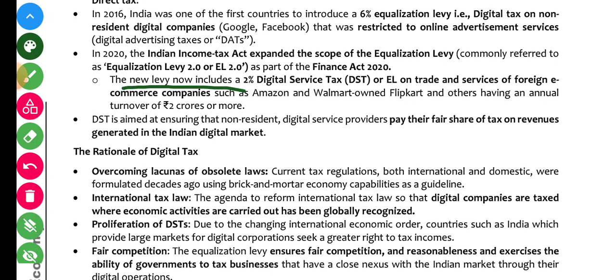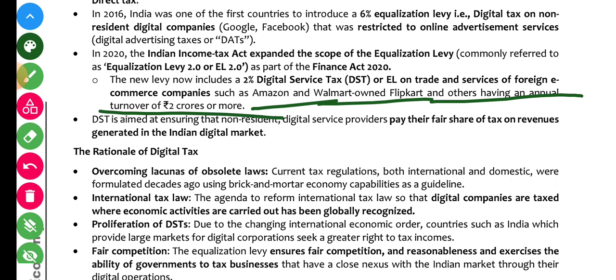The new levy now includes a 2% digital service tax or equalization levy on trade and services of foreign e-commerce companies such as Amazon and Walmart, Flipkart and others having an annual turnover of rupees 2 crores or more.